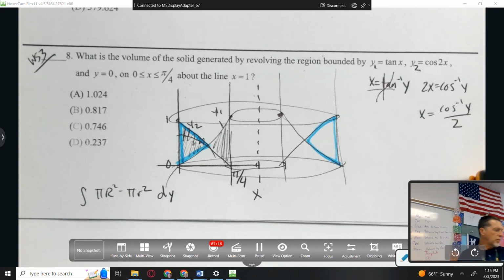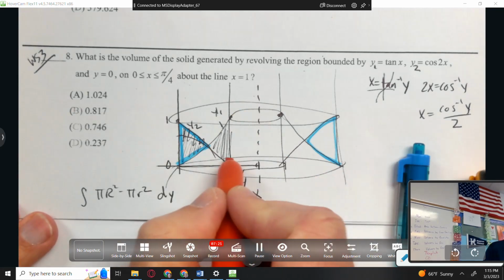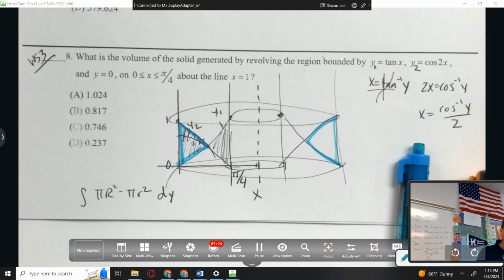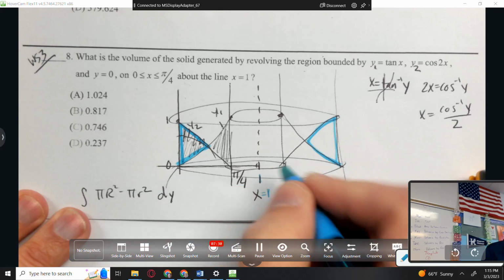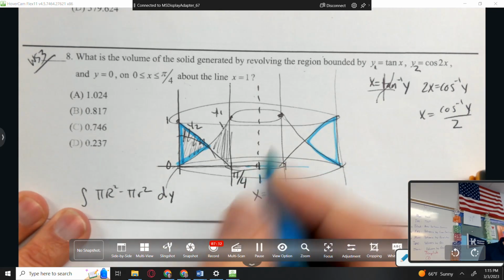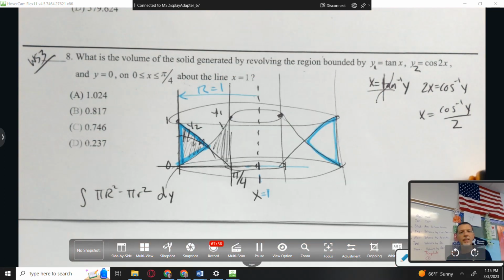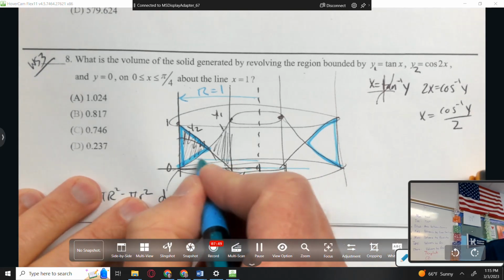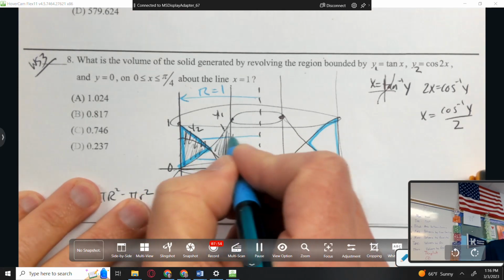I think I'm going to have to split this up again because my inside and my outside radius is easy. My outside radius is x equals 1, so big R equals 1. But my inside radius is changing as I go up and down, because here's one inside radius, but the other inside radius goes to y2 rather than y1.